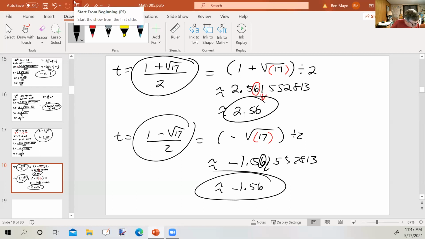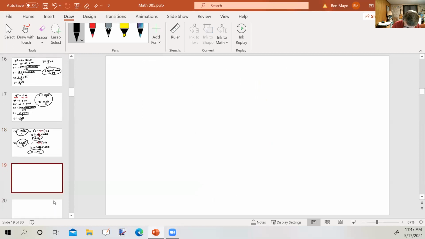Now, let's take a look at another example. This says 4w squared plus 1 equals negative 6w. It's not in standard form, so I'm going to add 6w to both sides of the equation.